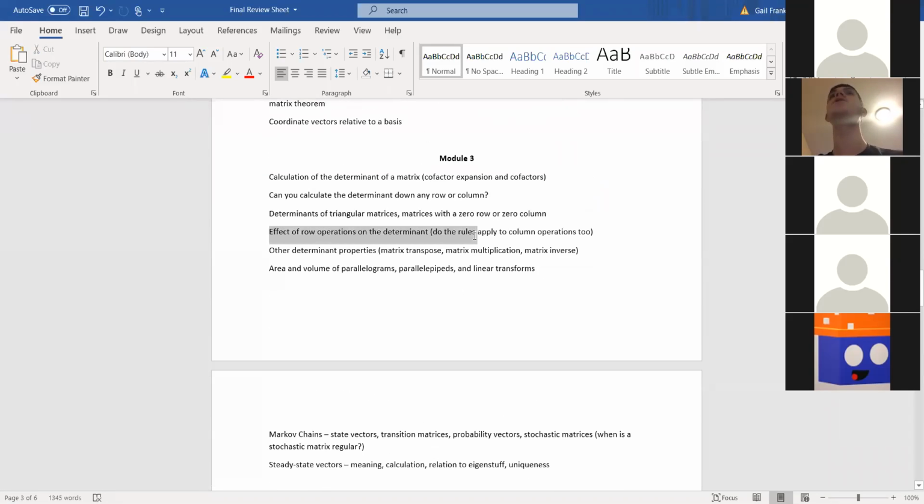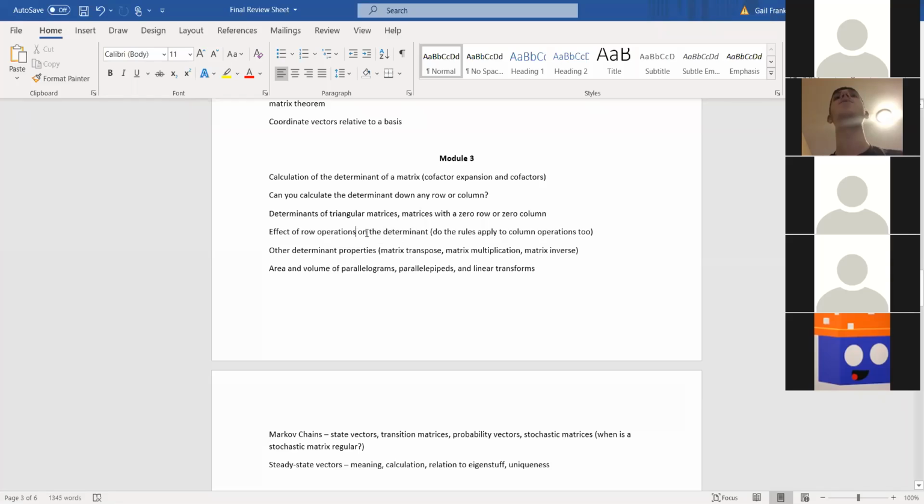So row operations do change the value of the determinant, with specific rules. If you multiply one row by a scalar, then the determinant is multiplied by that same scalar. If you swap any two rows, then the determinant is multiplied by -1, so you flip the sign of the determinant when you swap rows.